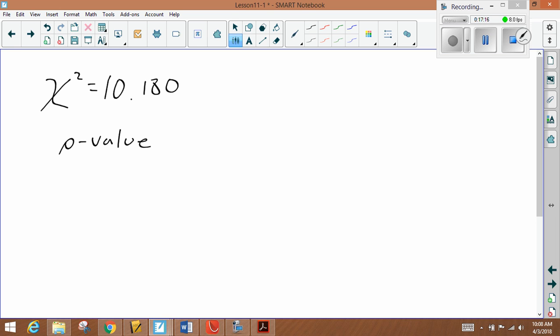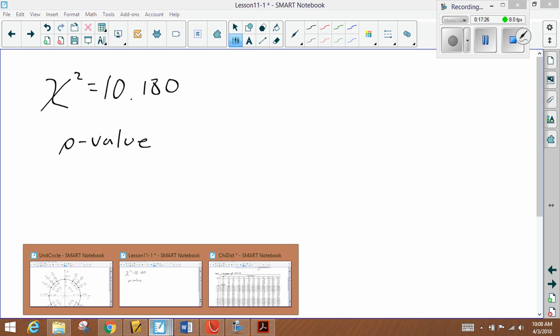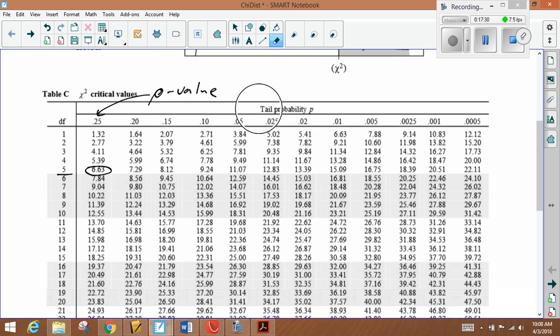Let's just find p-value. Because I think that was a bad example to find a p-value.